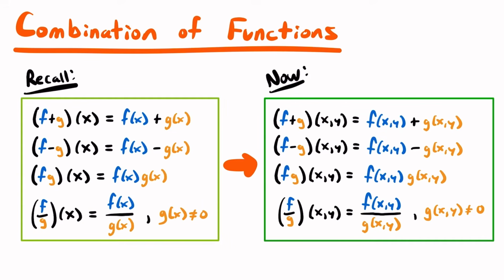We're not going to look at any examples of this in this video. I'll have some examples in the examples video for this topic of combining multivariable functions, but I think it's a fairly straightforward idea. You are allowed to add, subtract, multiply, and divide multivariable functions, assuming that they have the same number of independent variables.